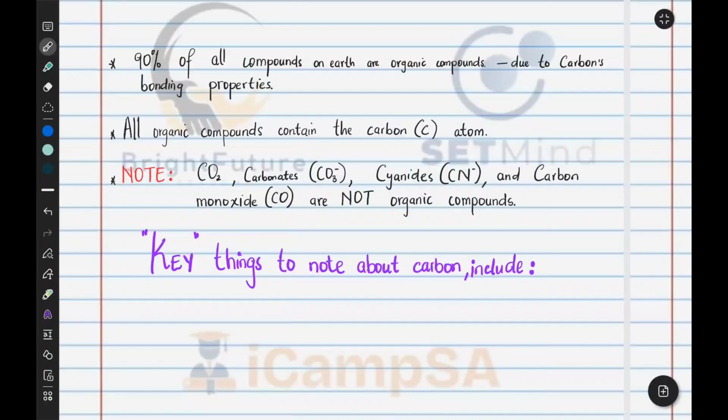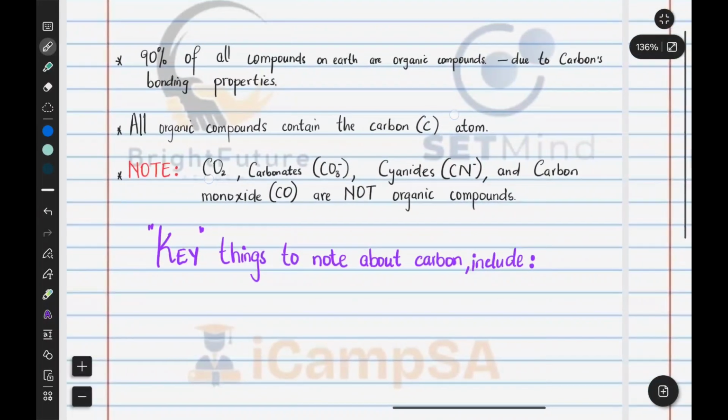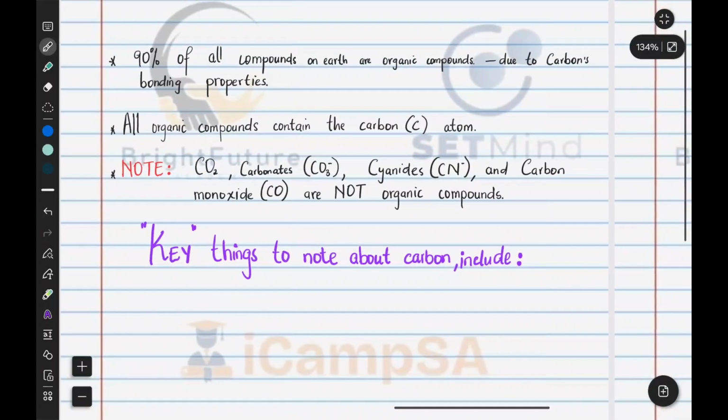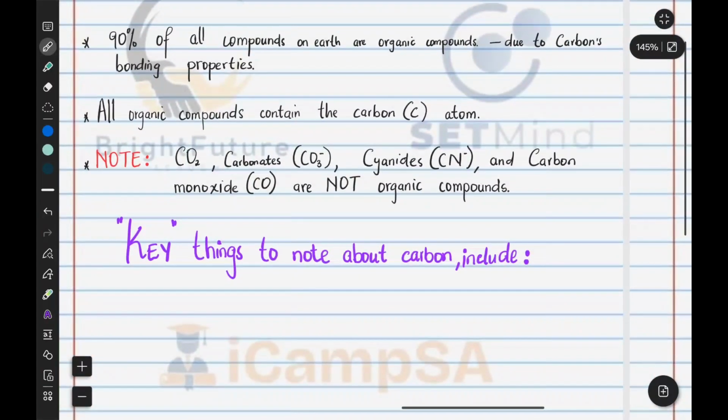Those are the key things we must note about the carbon atom in the context of organic compounds. The reason we're speaking about these is because all organic compounds contain the carbon atom, and because of this, 90% of all compounds on Earth are organic, due to the unique bonding properties of carbon. So we had to uncover what these properties are, which is what we just explained.